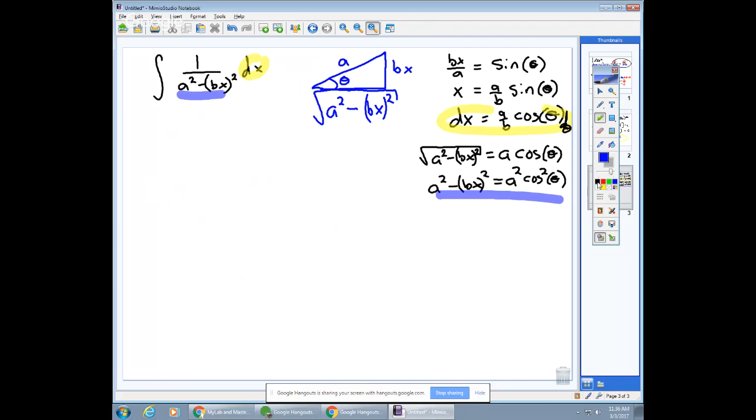So rewriting that, let's do it in blue. So this should be equal to 1 over a squared cosine squared. And then dx is a over b cosine of theta d theta.